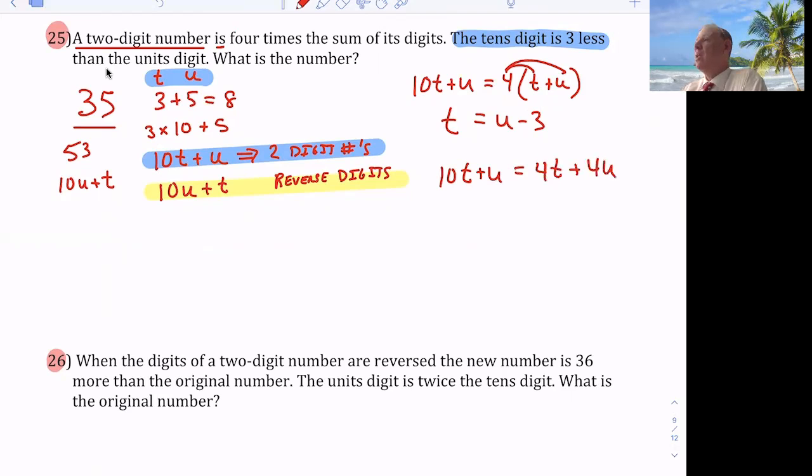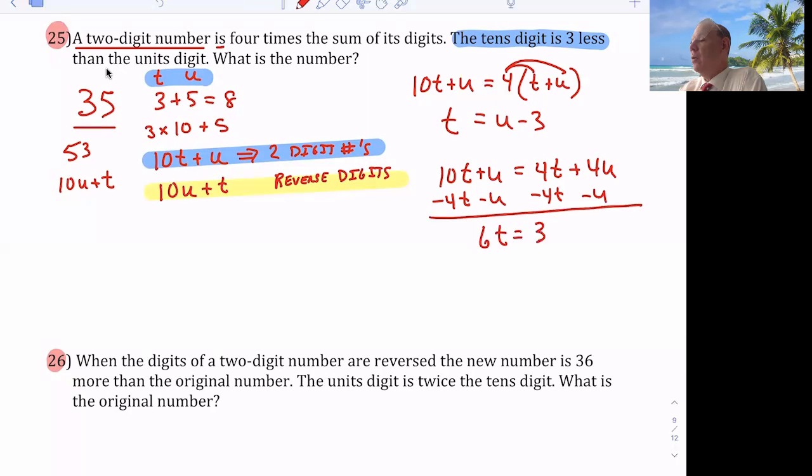Now let's group them together. So if I subtract 4t, that's going to give me 6t is equal to 3u. And now I can just divide by 3. Do you agree with that? So the u is what? 2t.